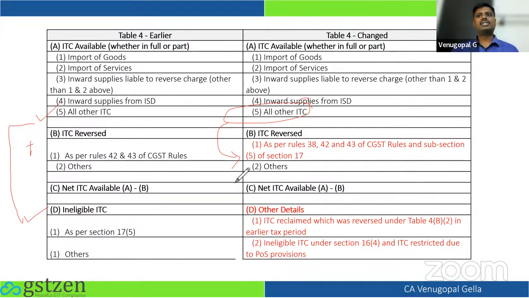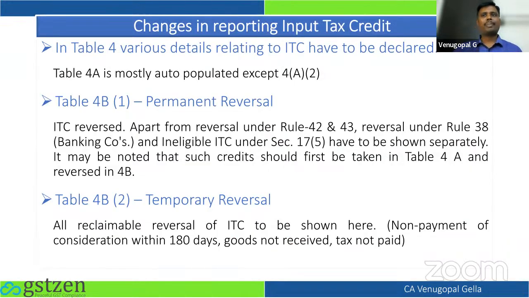The reversal is also divided into two concepts. A permanent reversal is where you think this credit you will not avail. A temporary reversal will go to 4B2. So 4B1 is a permanent reversal, and 4B2 is a temporary reversal. How do you make the availment?